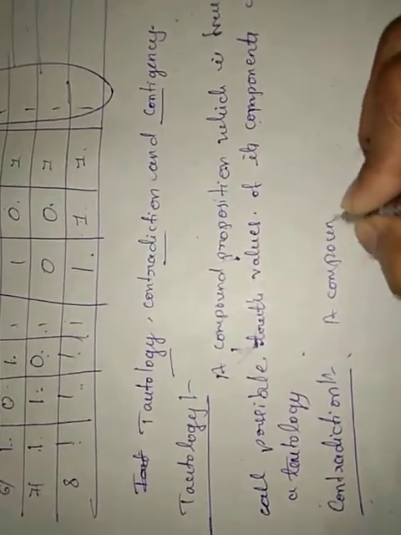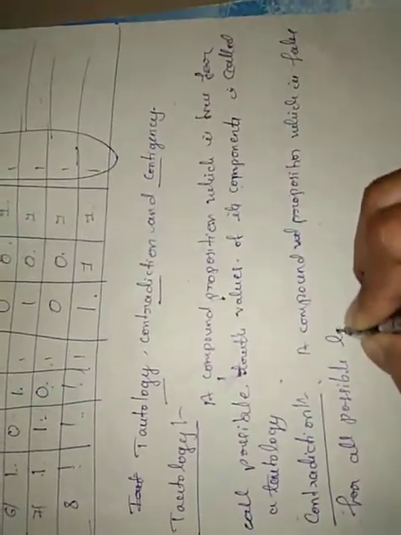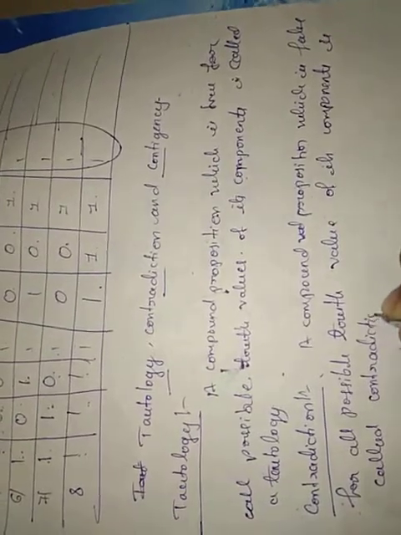Contradiction: what is a contradiction? A compound proposition which is false for all possible truth values of its components is called a contradiction.